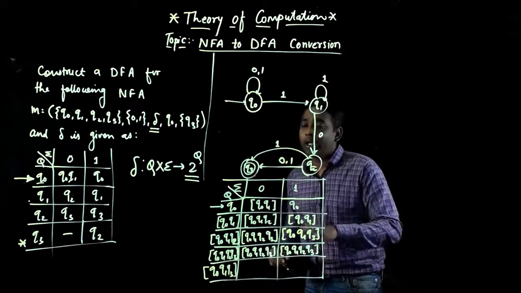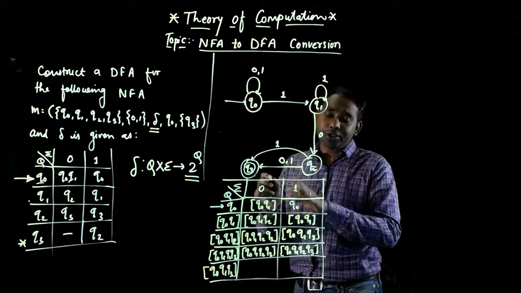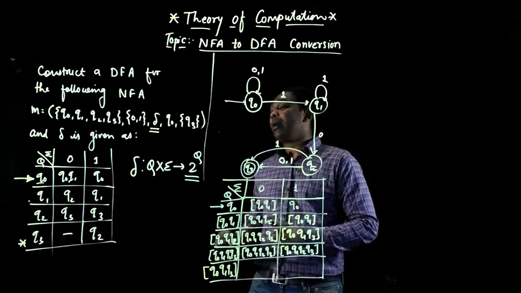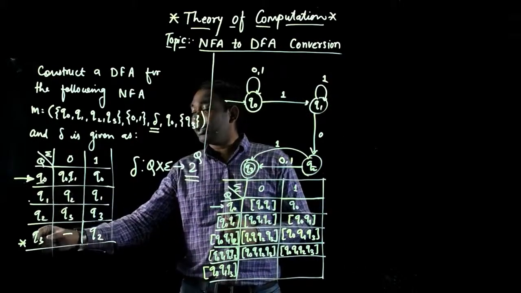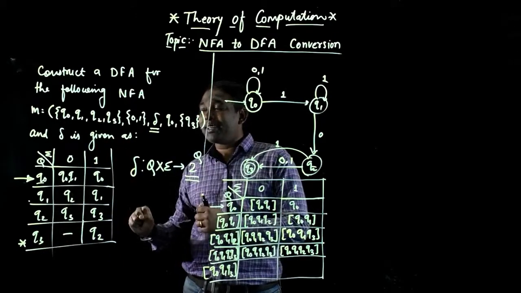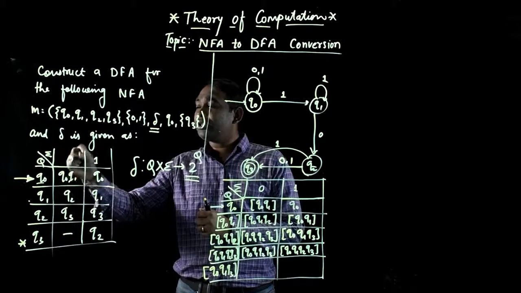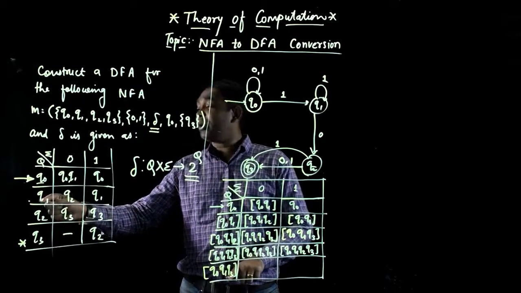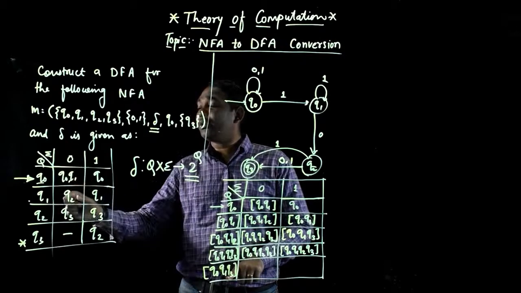On this state, I am going to find out the transition on 0. So what is my state? Q0, Q1 and Q3. I need to mark these three states. On 0, I need to find out how many transitions there are. From Q0 on 0 it goes to Q0, Q1. And the next state is Q1. Q1 says that on 0 it goes to Q2. This is my newly generated state again.